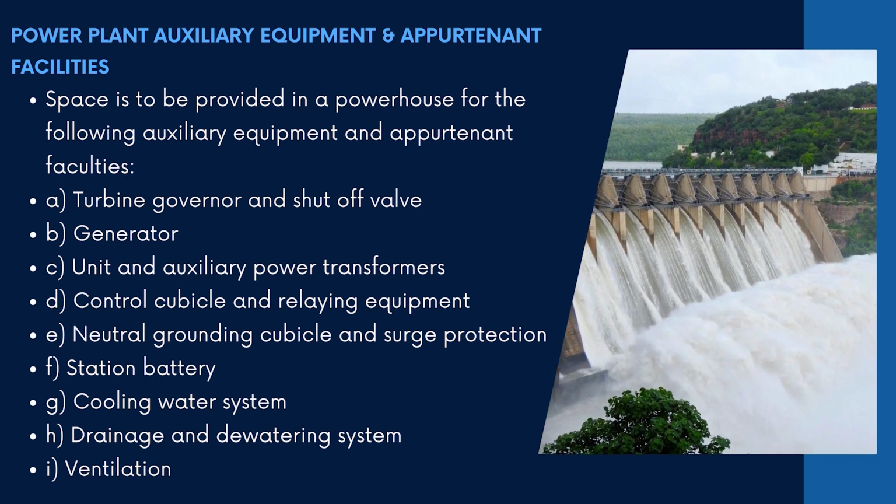Number 1, we have turbine governor and shut off valve, then generator, then unit and auxiliary power transformers, then control cubicle and relaying equipment, then neutral grounding cubicle and surge protection, then station battery, then cooling water system, then drainage and dewatering system, ventilation system, fire extinguishers, compressed air system, and finally powerhouse cranes.